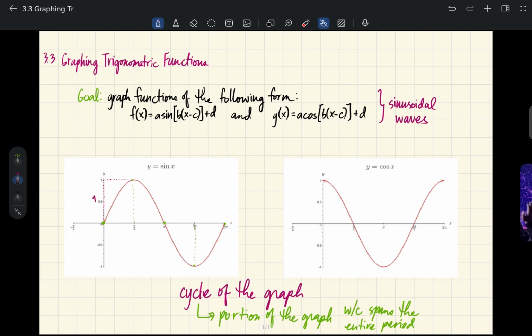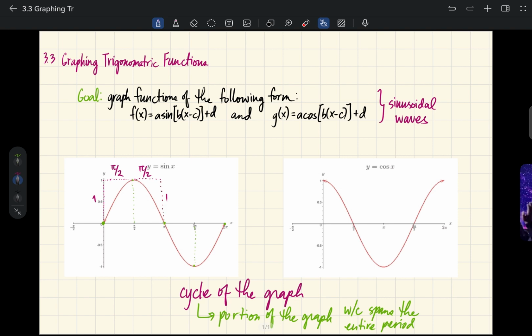Then next, to go from this point to the next, you move pi over 2 units to the right and 1 unit down.